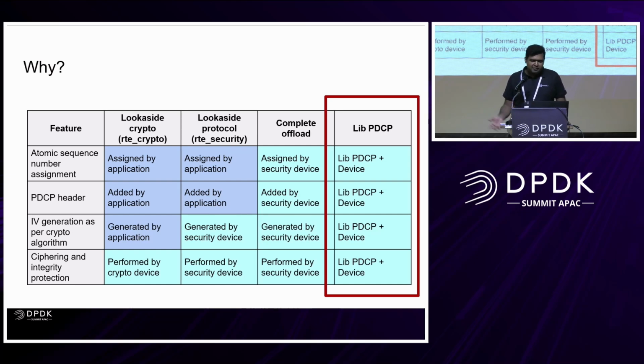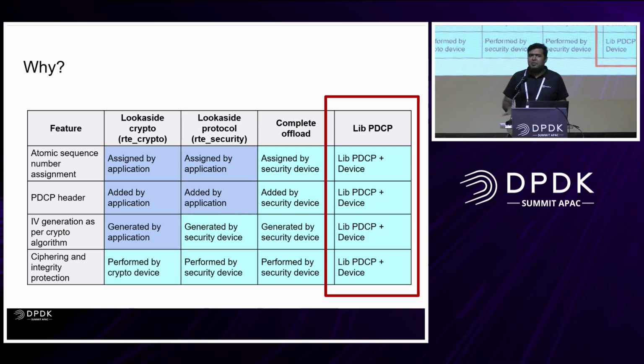So this is a table that we saw earlier. I had added look-aside crypto, look-aside protocol, and complete offload. So where is Lib PDCP coming in? Lib PDCP forms another category, another set of APIs where the application can directly talk to Lib PDCP. If you see, in all the boxes I have written Lib PDCP plus device.